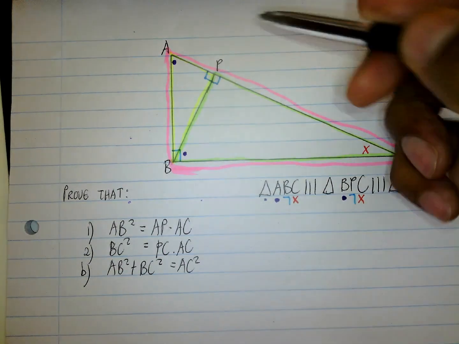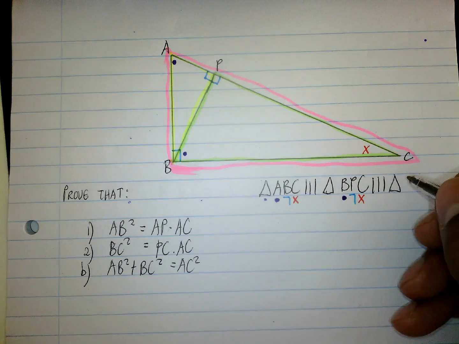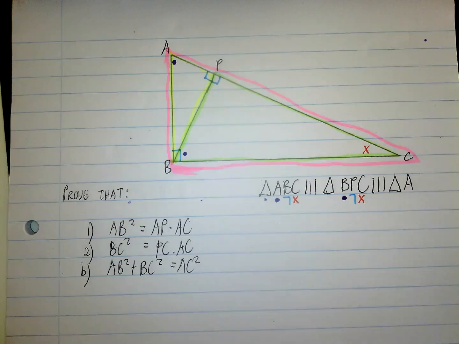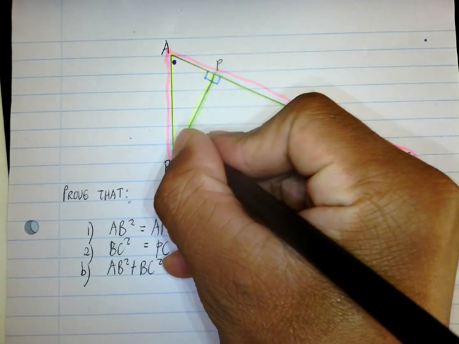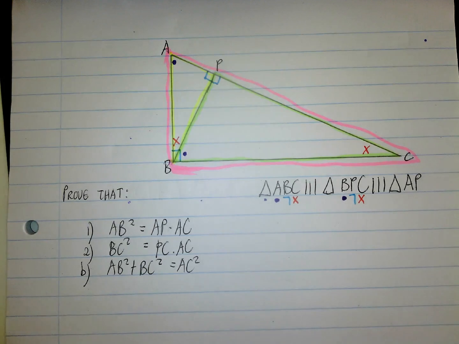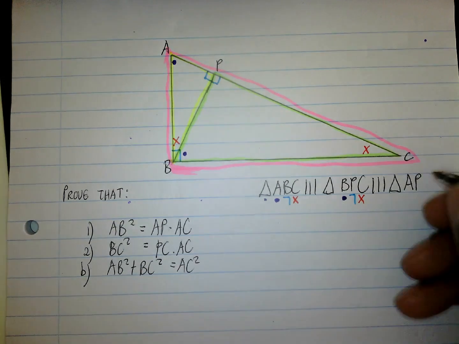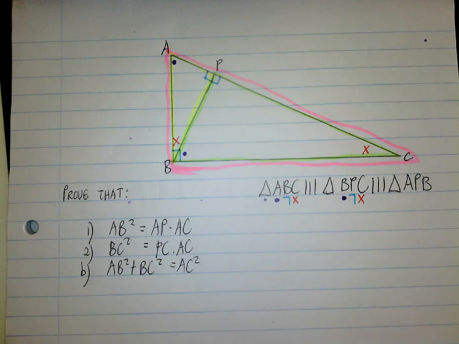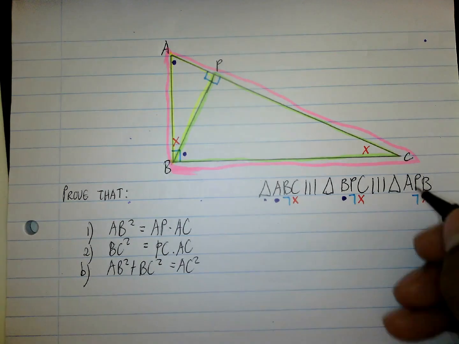Starting from A. Then 90 degrees is going to be P. Then your longest distance is going to be X. So this is going to be X. So this is going to be B. So now you have 90 degrees, you have X, then you have closed dot.